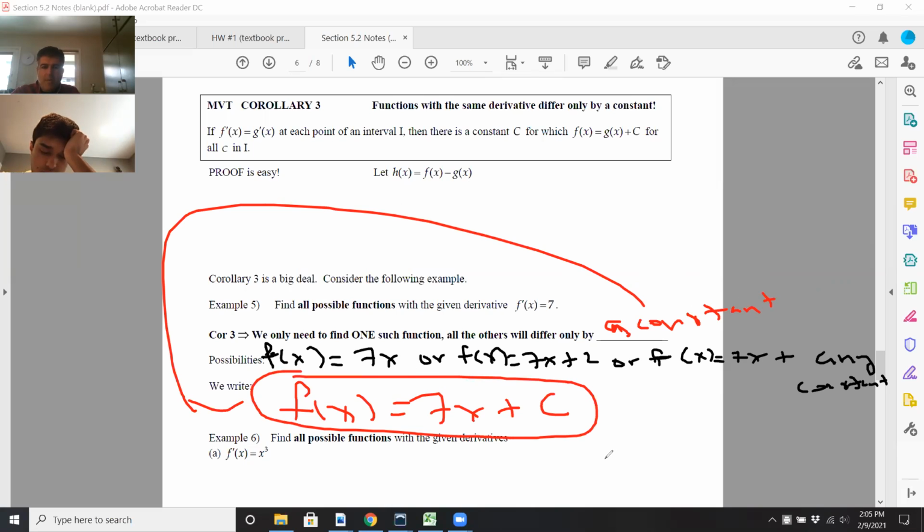We call this a family of solutions, because there's a whole bunch of functions that would follow that: 7x plus 1, 7x minus 2, 7x plus 3.56, 7x plus a billion. It's just a general way of expressing your answer. And so this will lead us to a bunch of pretty simple problems that we'll do up to the end of page 7. Then we'll do a linear motion problem, then we'll take a break.